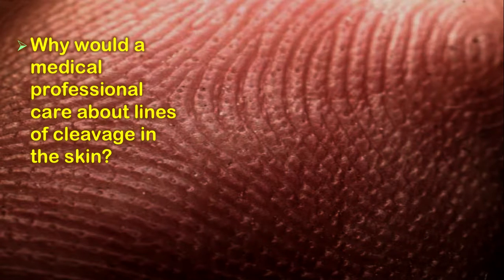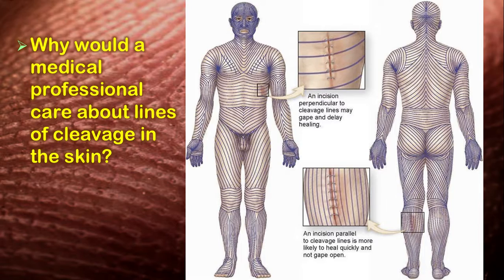Okay, let me show you a picture. Okay, so these are a diagrammatic view of your lines of cleavage. So this is what they normally look like, and you can't see them because they're in your dermis, right? So they're deep. But the collagen fibers kind of line up, and then you have these little areas that are thinner.